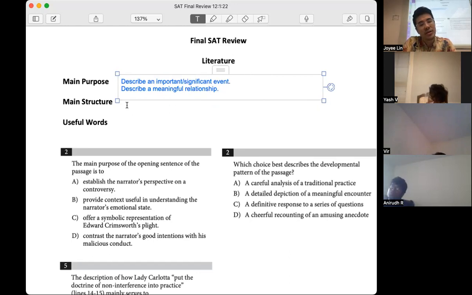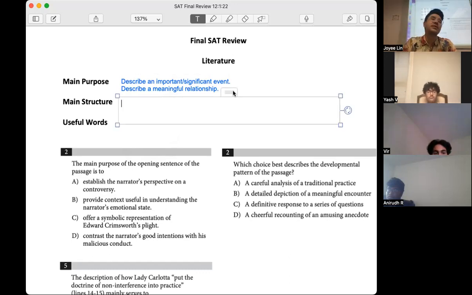What's the main structure of a literature passage typically? What do you start with? Backstory, we call that context. Then what, the conflict? Is there a resolution? Maybe.